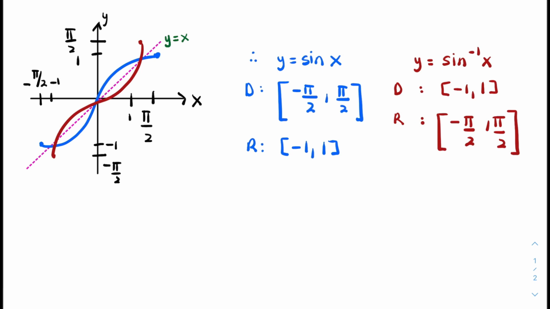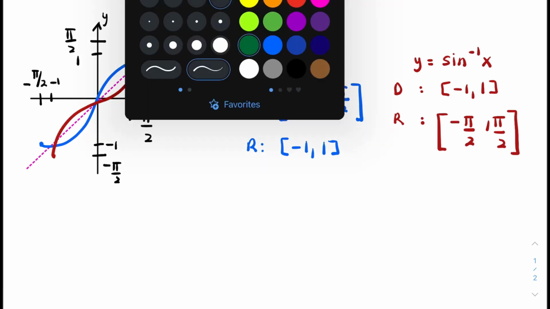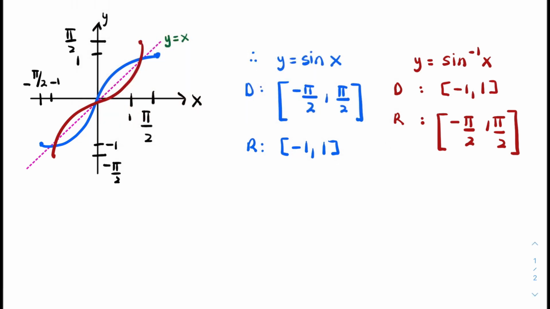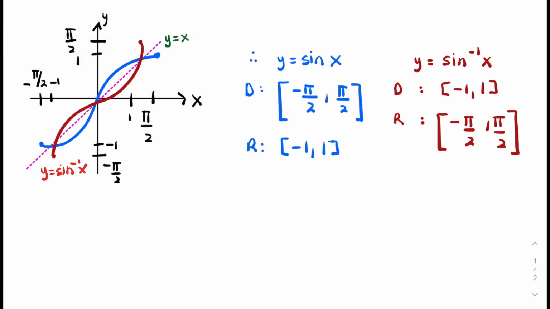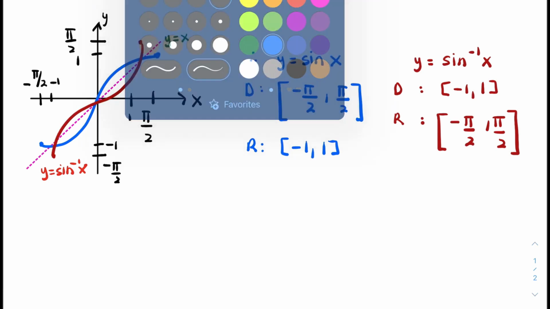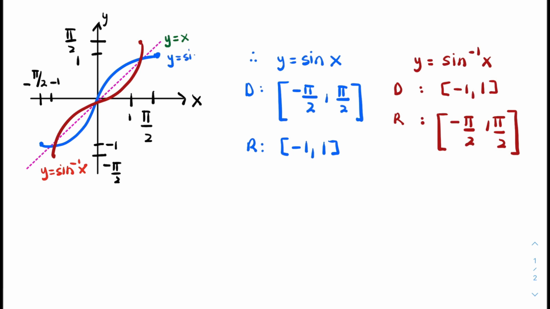If you draw the reflection, you will have this red graph. This red graph is the graph of y equals sine inverse x, the inverse function of sine, and the blue is the graph of the sine function.